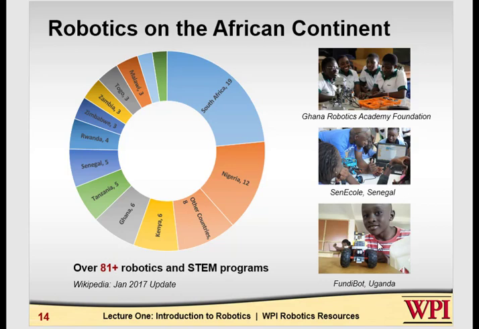And then here we have Fundibot from Uganda, which trains young students on electronics, mechanics, and programming, and motivates them to build solutions that solve local problems. And so there are many interesting programs already ongoing, and we're very excited to see more programs develop and inspire more people about engineering.